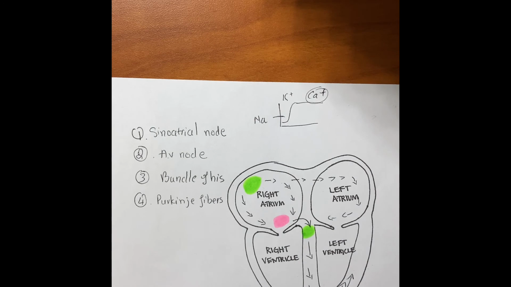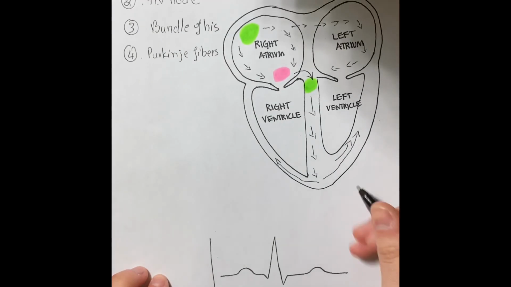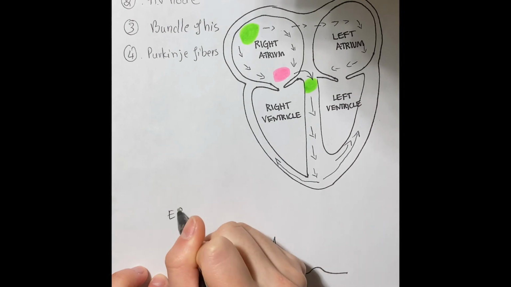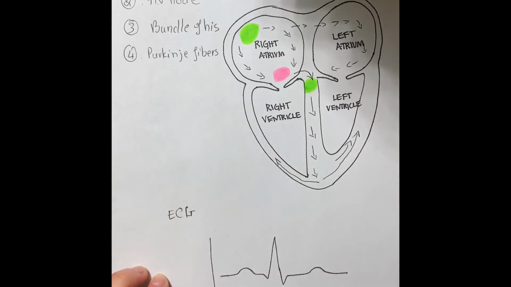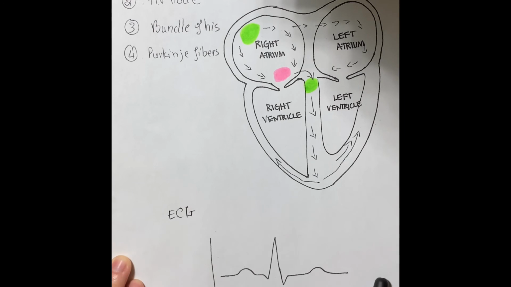So we measure the movement of that action potential through the heart with an ECG. So people put electrodes over the skin to measure the movement of the electricity, and it ends up being this measure.